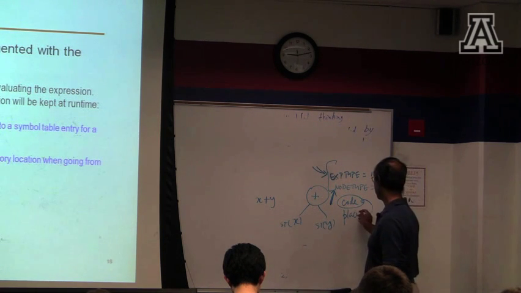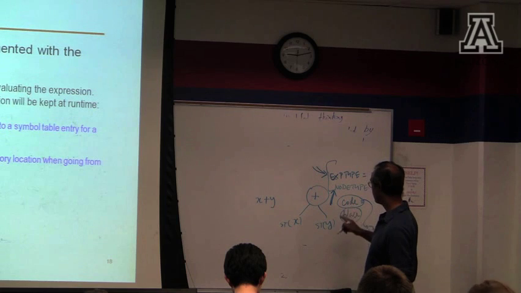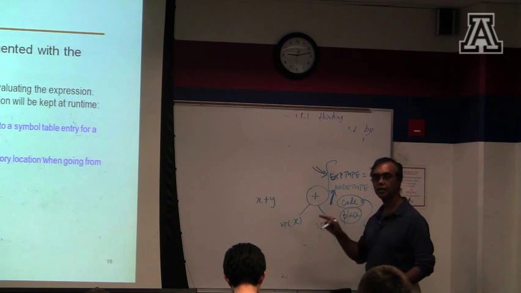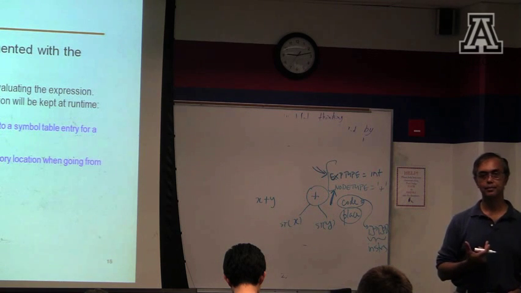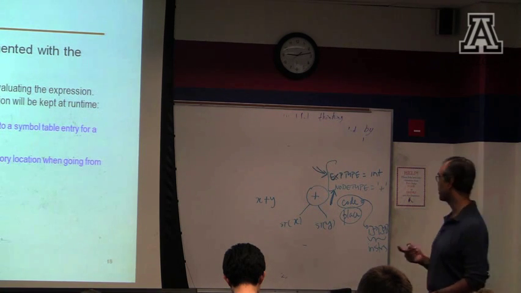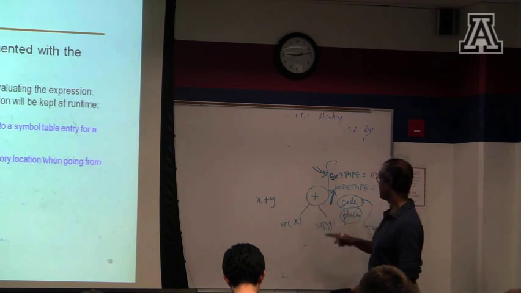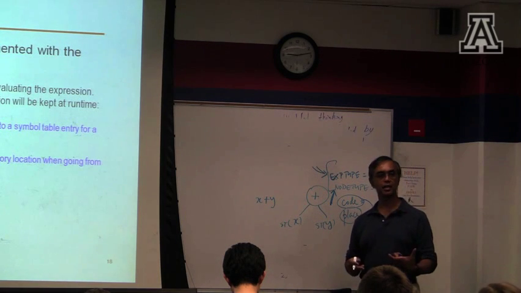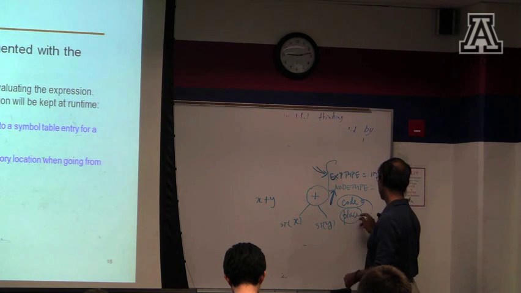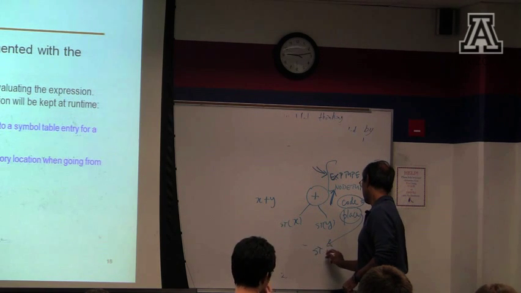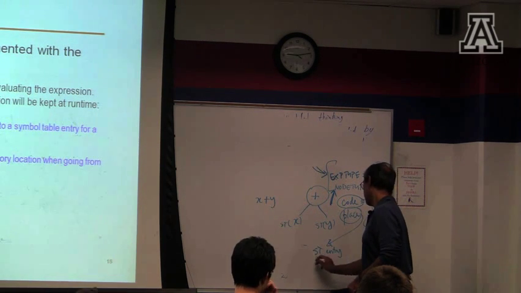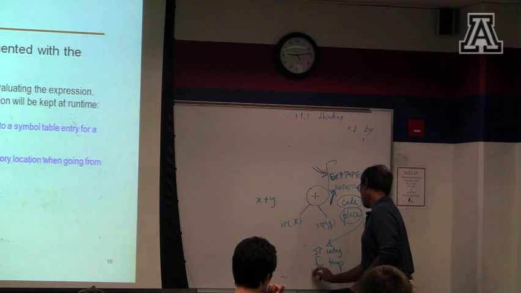The place field indicates where the value of this expression will be computed at runtime. Where is the value of this expression going to be found? What I'm going to do is create a temporary, stick it in the symbol table, and point to the symbol table entry for the temporary that holds the result.